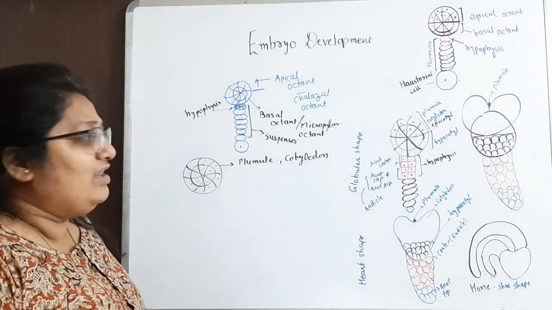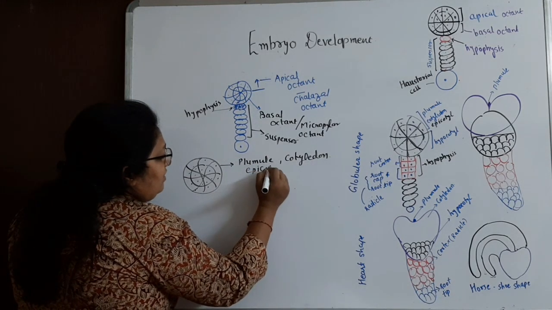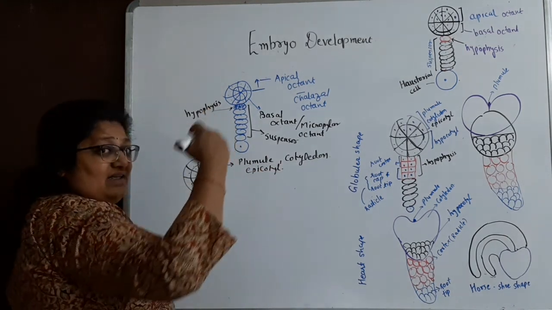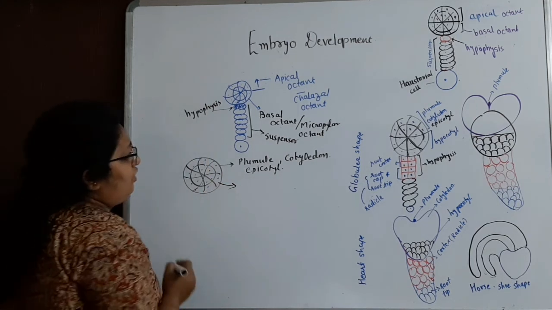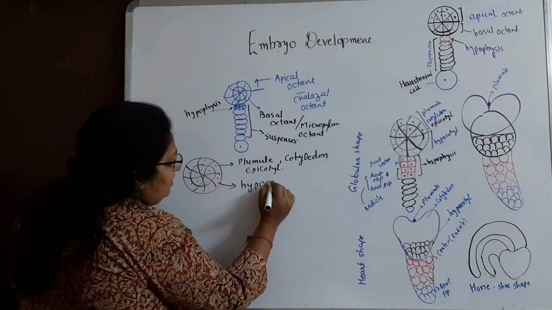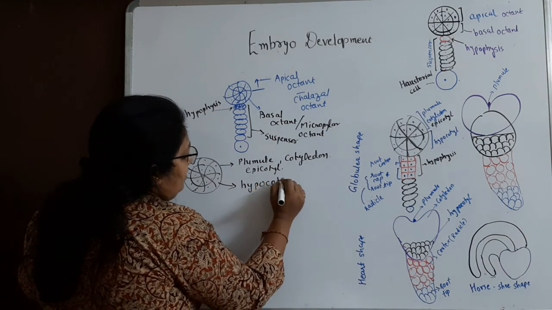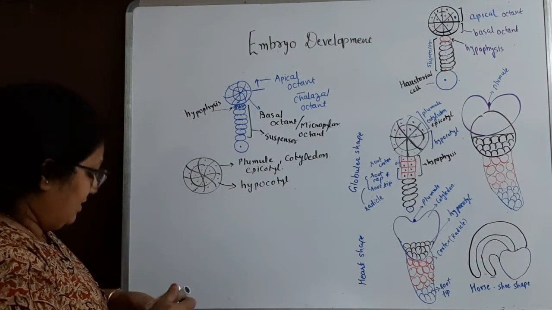So two cotyledons will form, and the epicotyl, from which mainly the aerial portion develops. From the basal octant, the hypocotyl forms, that is the lower portion, right?